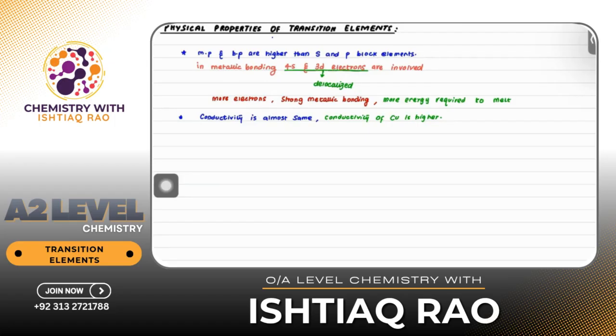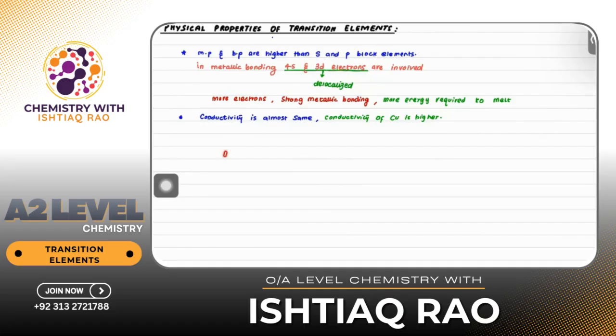In the same way, we are supposed to discuss atomic radius of the transition elements. As we go across the period, atomic radius decreases.